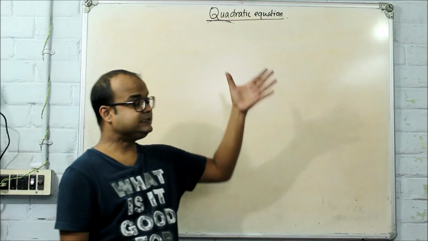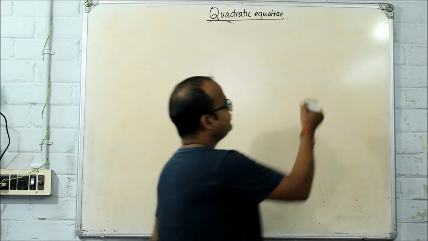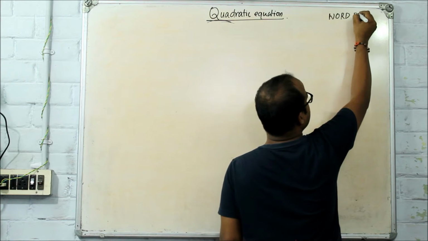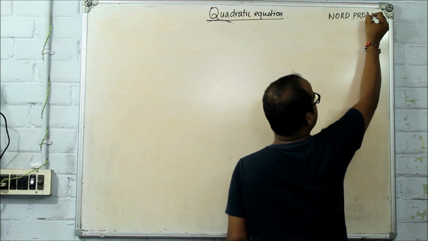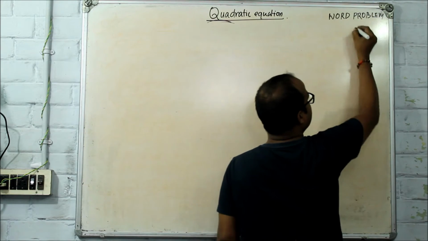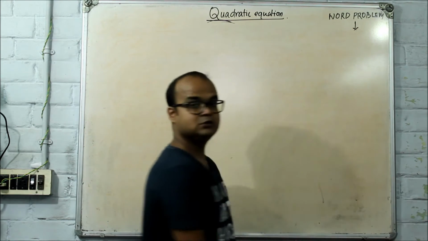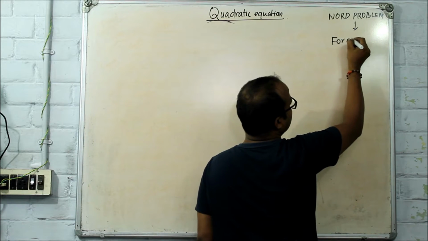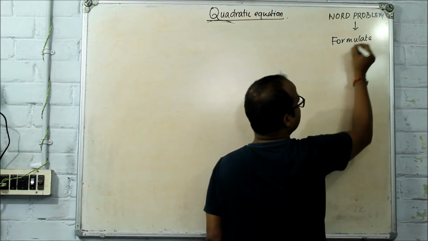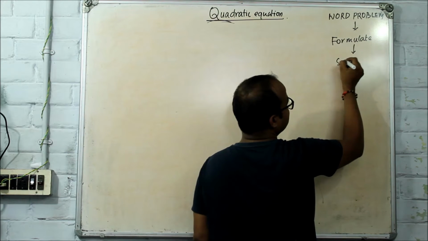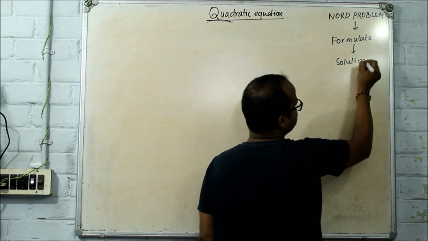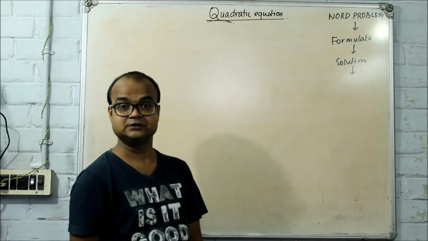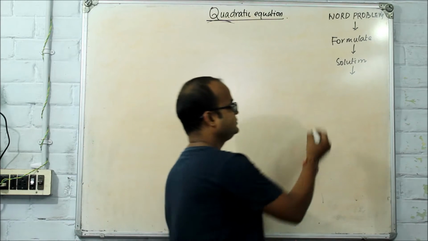Now, the entire algorithm is like this: a word problem is given to you, then you need to formulate, then you need to find out the solution, and then we need to consider the values of x which are applicable.